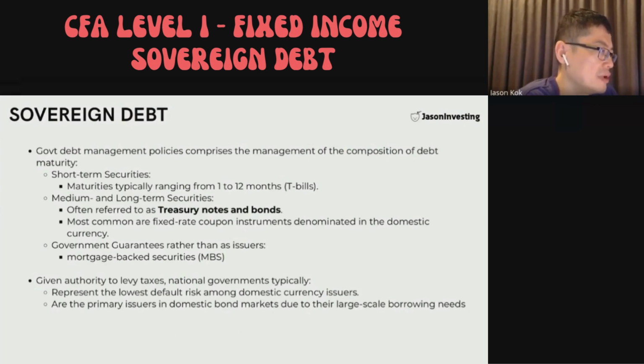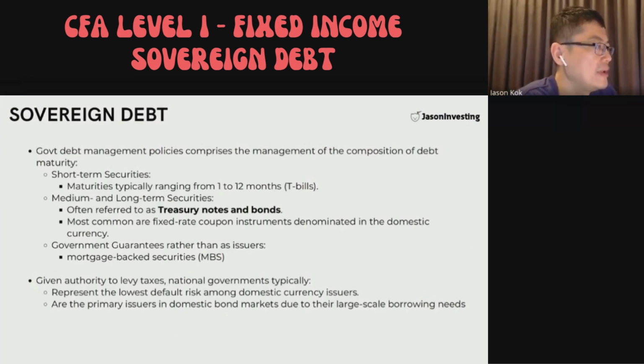Short-term securities are fixed income securities that have maturities ranging from 1 to 12 months, so a year or less. These are also known as T-bills, treasury bills in the US. Medium and long-term securities are often referred to as treasury notes. Treasury notes are fixed income securities with a maturity of more than a year and 10 years or less, and the longer terms are known as treasury bonds.